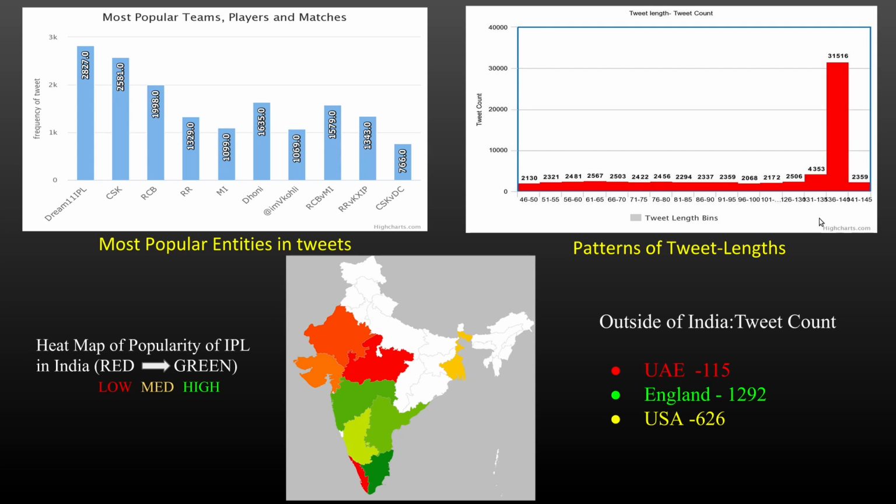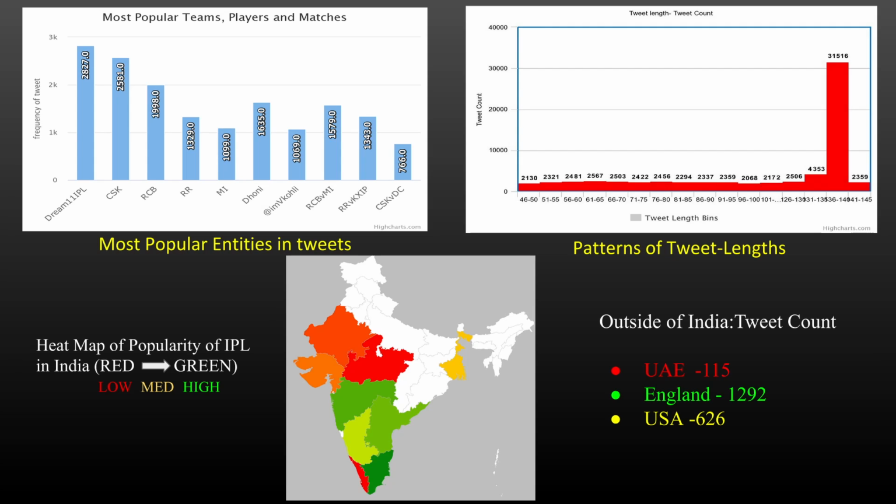And going through the third graph, which is a heat map, it represents the popularity of IPL among the locations. The heat map is such that we could interpret the popularity based on the color, and that color is obtained from the counts of location from the results which we obtained.